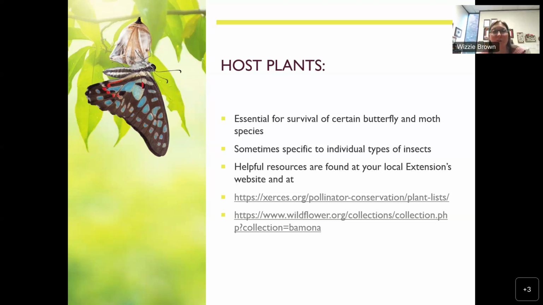It's going to be important for you to know what they are going to feed on in that larval or caterpillar stage, because they'll either be very specific to certain types of plants or a certain group of plants.